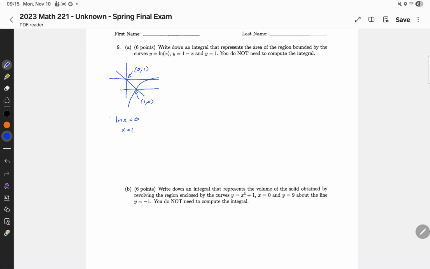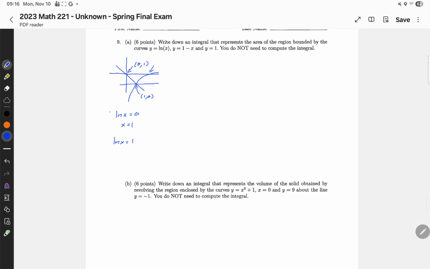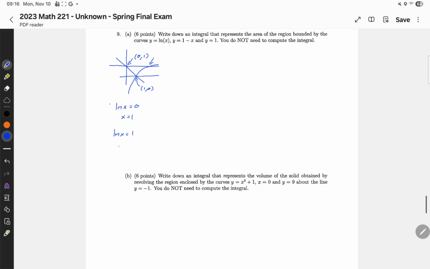Same thing for this term right here. The last one we have to figure out is when is ln x equal to y equals 1. Yeah, and so you can raise both sides to the e. We get e to the ln x, which is just x, is equal to e to the 1, which is just e. So x is equal to e, y is equal to 1.